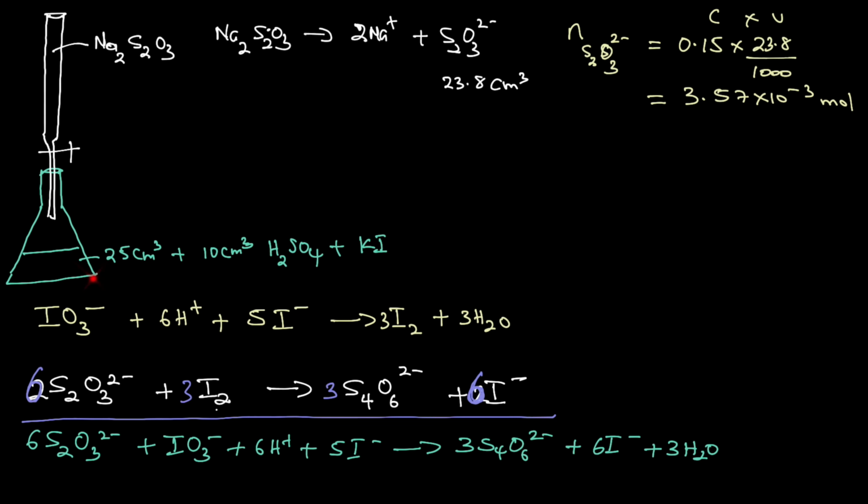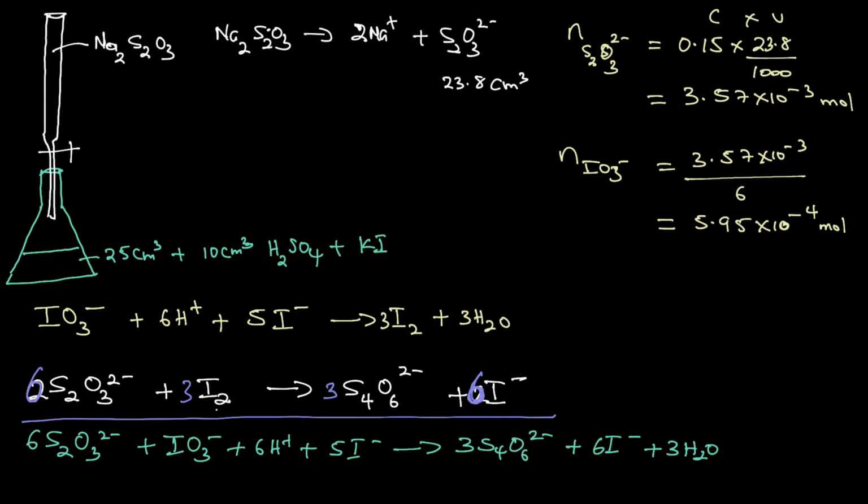That's the mole of thiosulphate in 25 cm³ here, and I need to find the mole of iodate(V). We need to divide that by 6, so the mole of IO3⁻ will be 3.57 times 10⁻³ divided by 6, and that is 5.95 times 10⁻⁴ mole.